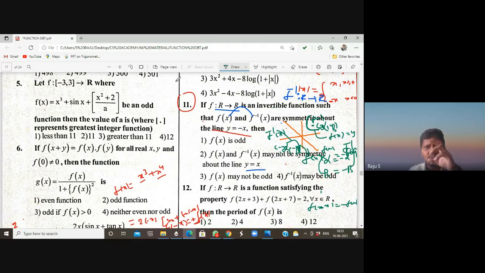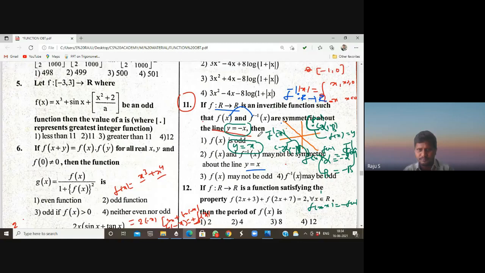When f of x is odd. Because if they give y is equal to plus x, you know, it is even. Simply remember here, when the given function is symmetric about the line y is equal to plus x, it means even function. Y is equal to minus x is given already. When you give positive values of x, y becomes negative.